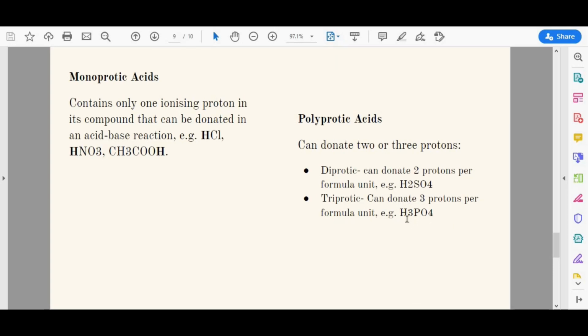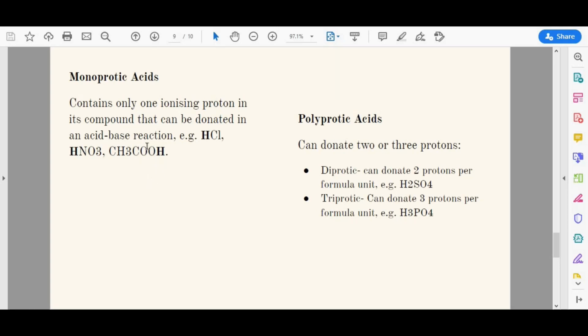Now a lot of you may be asking, what about acetic acid, CH3COOH? Why is this classed as a monoprotic acid? That is because we have a carbon with 3 hydrogens bonded to another carbon, and on the other carbon we have a double-bonded oxygen bonded to an OH.